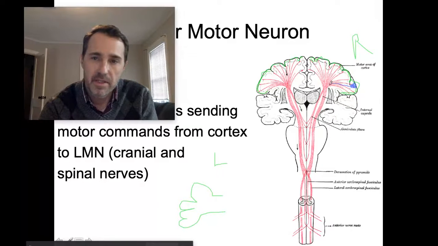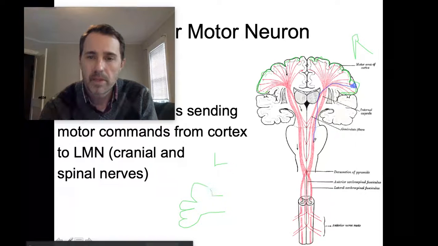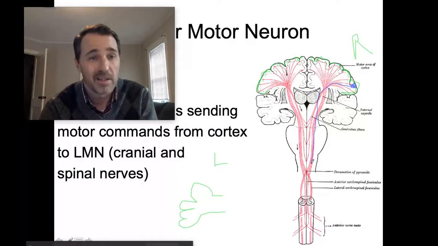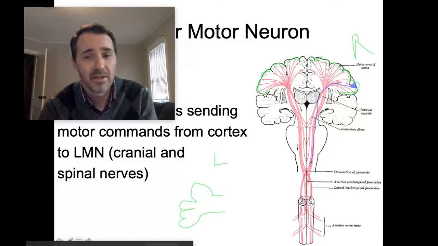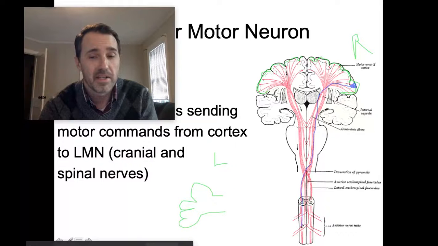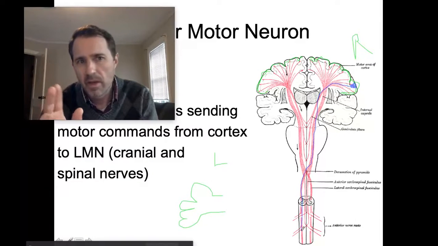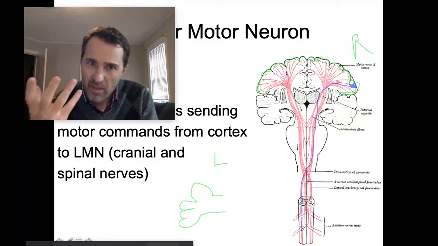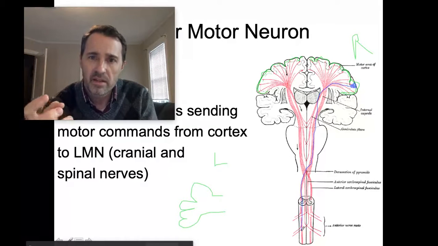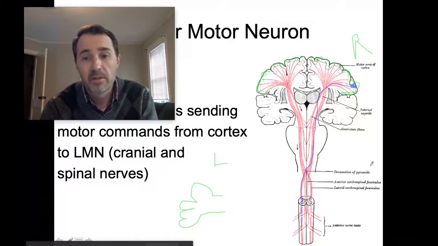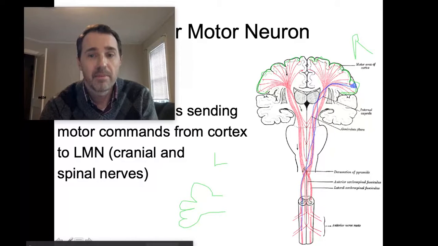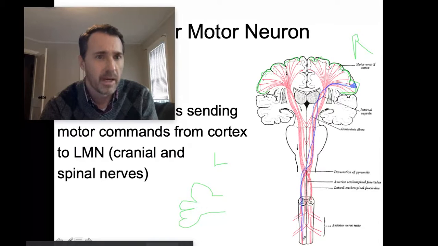Then it's sent down along the upper motor neurons, down into the brainstem, midbrain, pons, and it gets to the medulla, where it decussates to the other side. Then it travels down, still within my central nervous system.